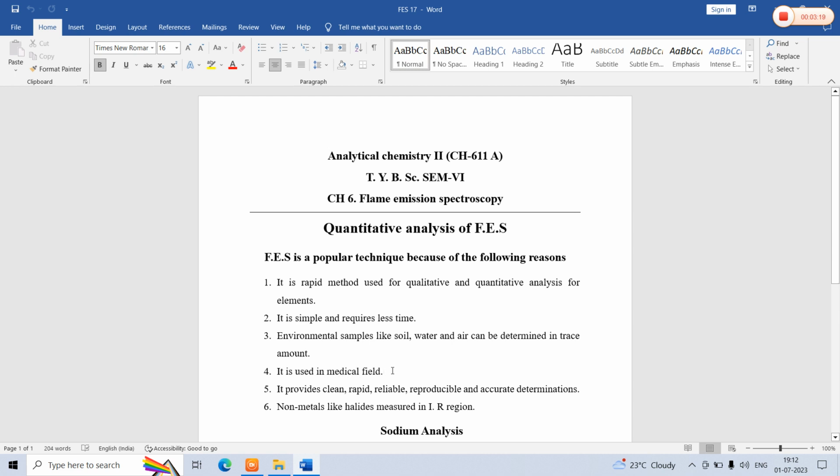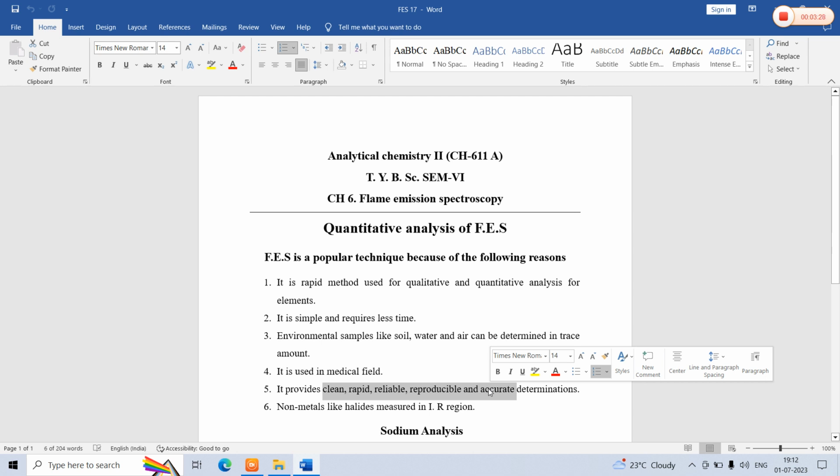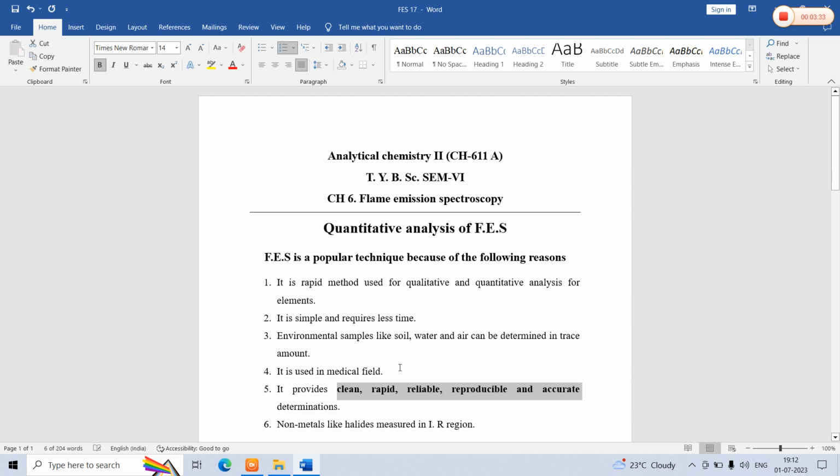The fifth point is that it provides clean, rapid, reproducible, reliable and accurate determination, and for this reason FES is mostly used.